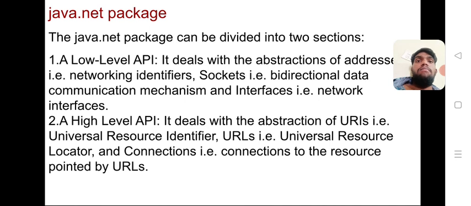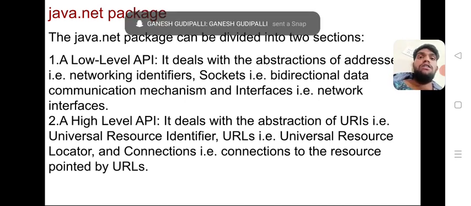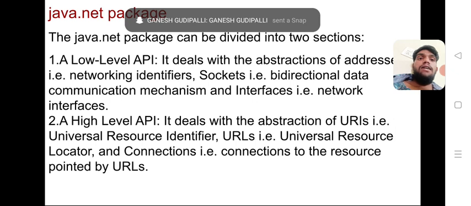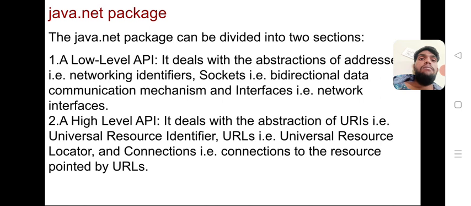Java net package. The java.net package can be divided into two sections: low level and high level. Low level API: it deals with the abstraction of addresses, networking, identifying sockets, bidirectional data communications mechanism and interface, network interface.